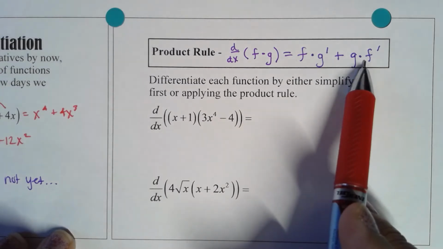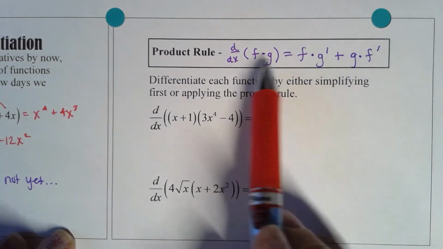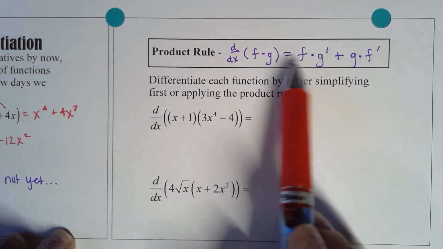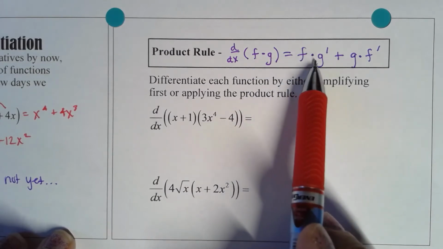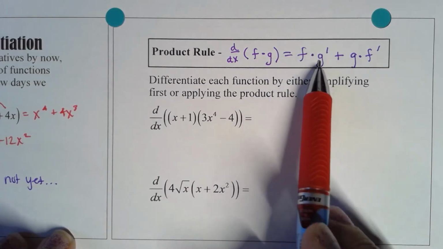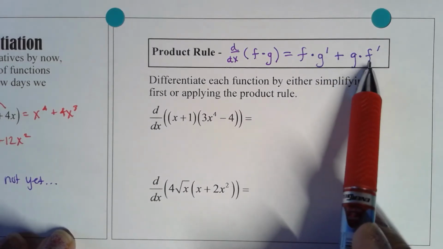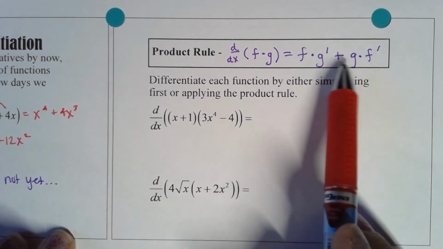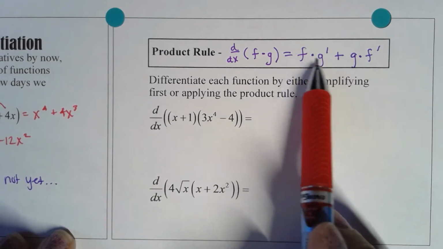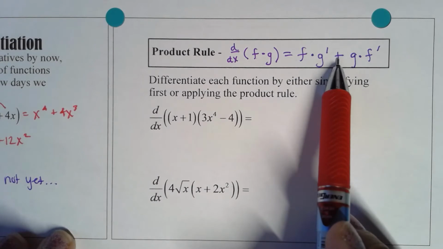Now, the other way to think of it is, all right, we've got two factors. We leave one alone while we take the derivative of the other one, and then we switch places. We leave the other one alone while we take the derivative of the first one. It doesn't matter which order because it's multiplication and it's addition. So actually it doesn't matter the order.